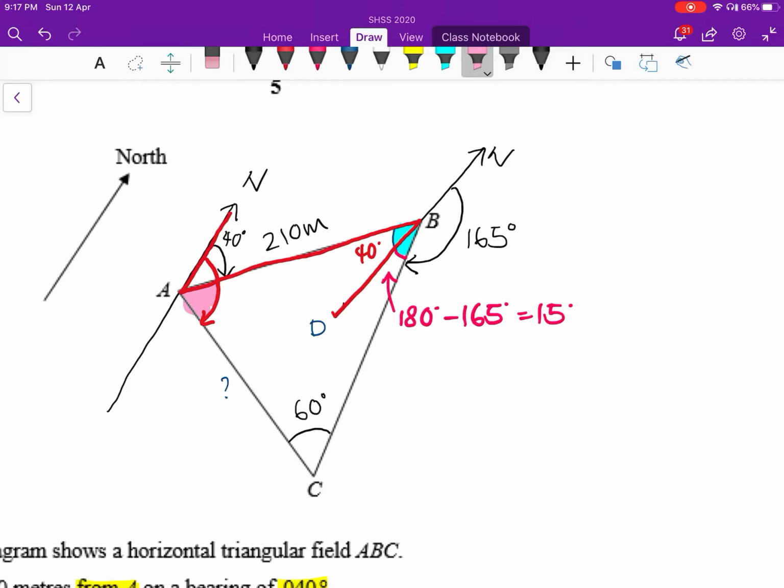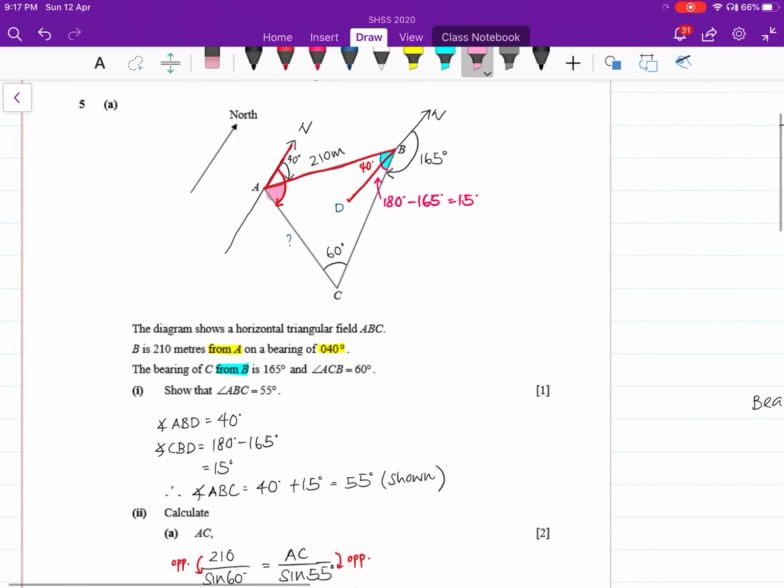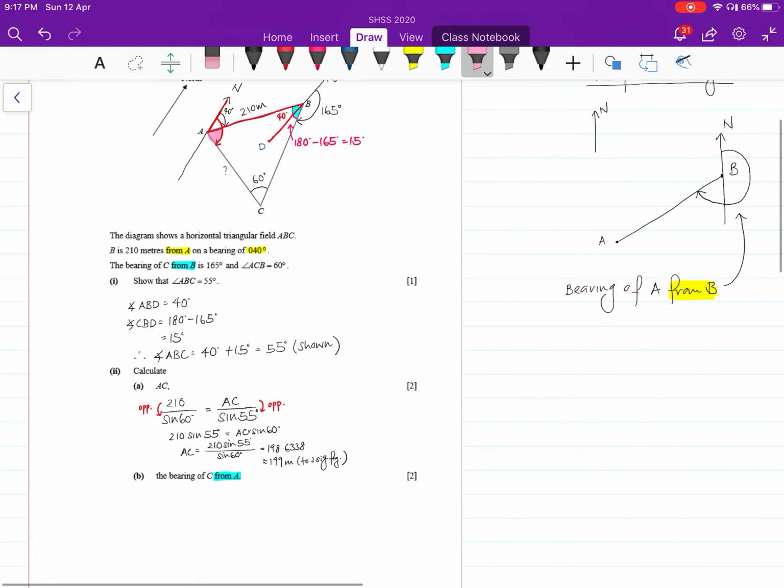And then I just add 40. How to find the pink color angle over here? Very simple. Just take 180 minus 60 minus 55. So angle BAC is 180 degrees, which is the angles in a triangle, minus 60 degrees minus 55 degrees.